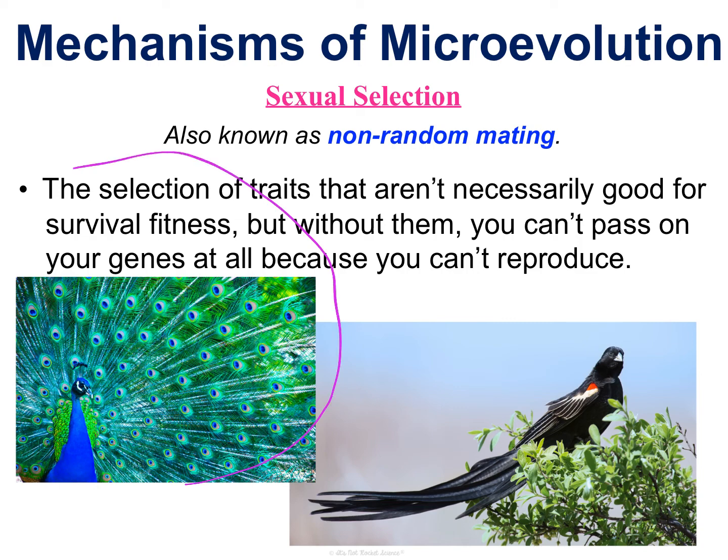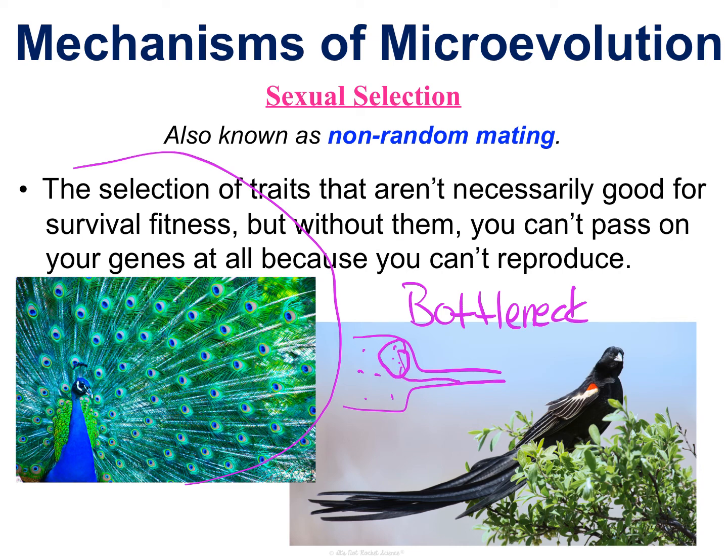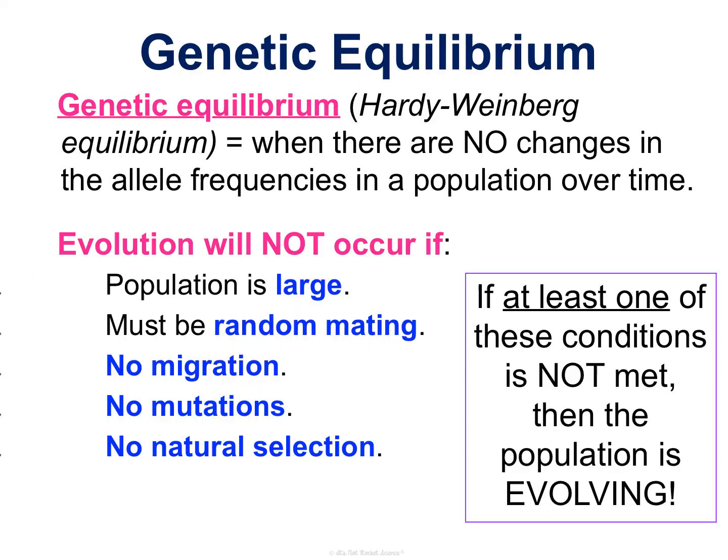And so what we see is that when females start to select non-randomly, we see this bottleneck effect of genes, where we have all of this variety, but only so few are selected, and so the gene pool is bottlenecking in its availability of variety.